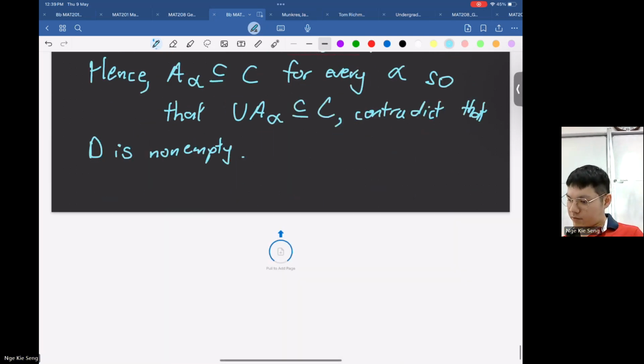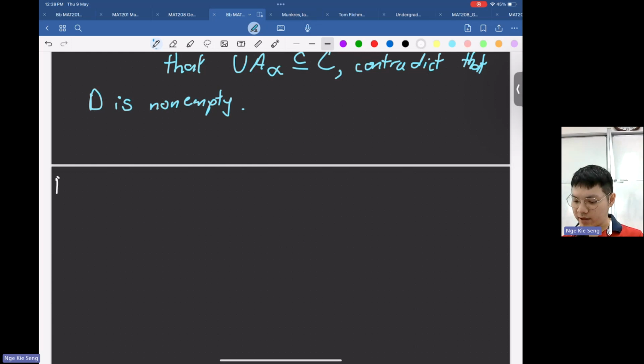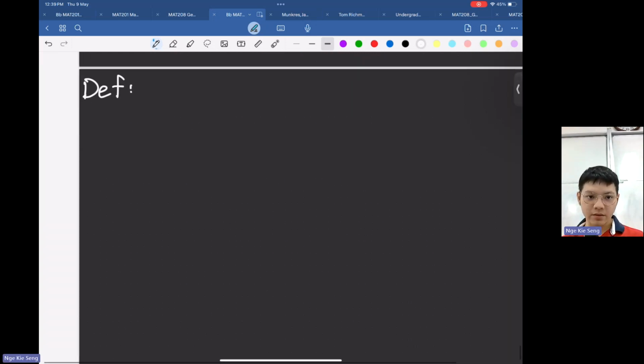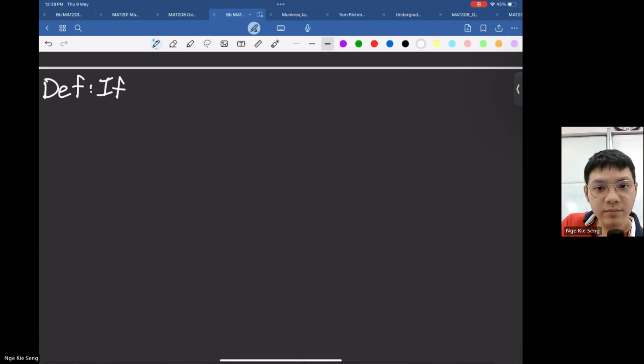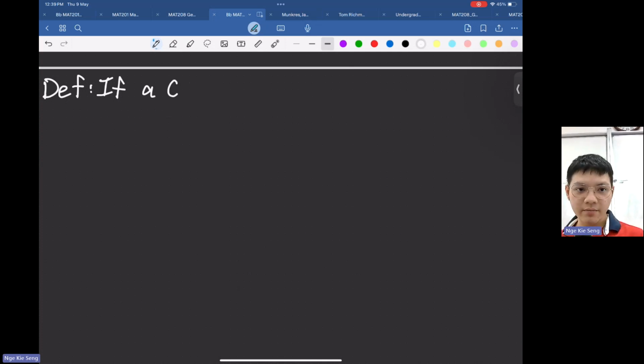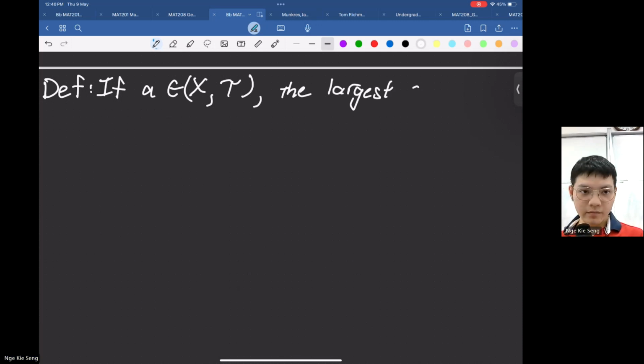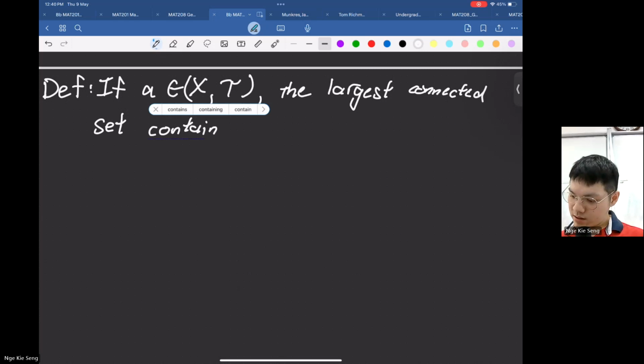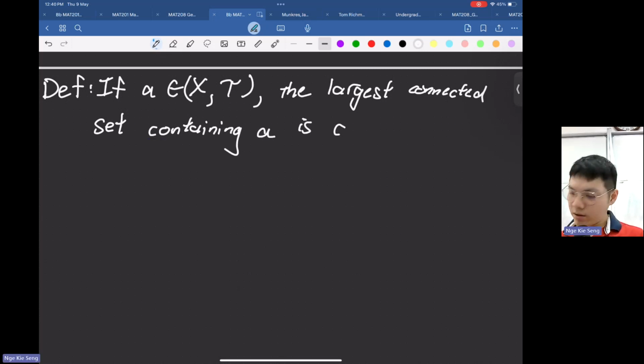So we can define a few things to describe our set better. Let me see, did I leave out any theorems or not? Okay, so we can say that if A is an element in X, a topological space, the largest connected set containing A is called the connected component.